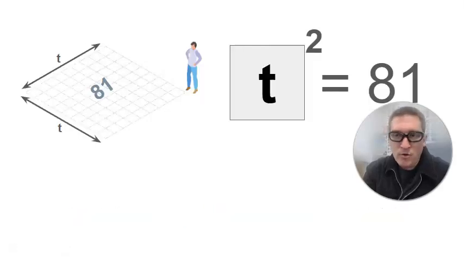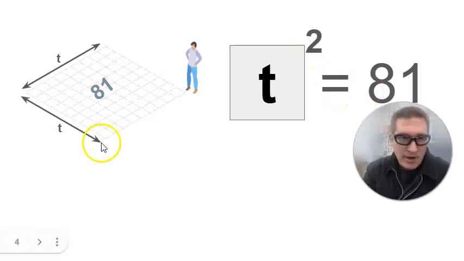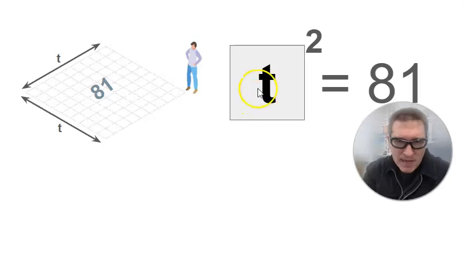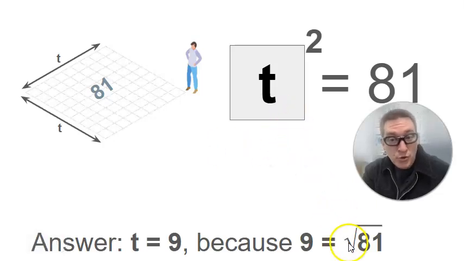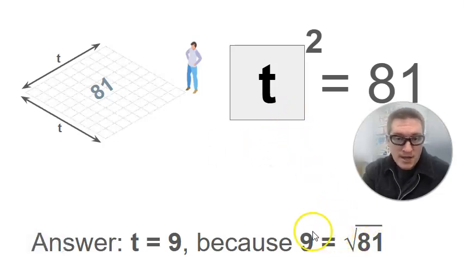All right, we're going to do one more one-step equation here. There's some number t that I don't know, it's a mystery number, that when I square it gives me 81. In other words, what length of a square would give me 81 tiles? Well, what number times itself gives you 81? Well, the answer is 9. Another way of looking at it is that the square root of 81 is 9.